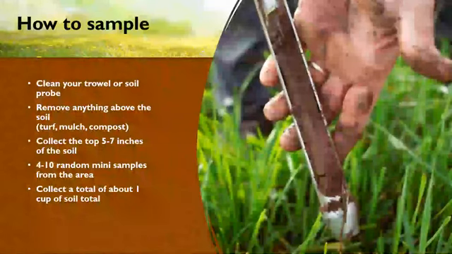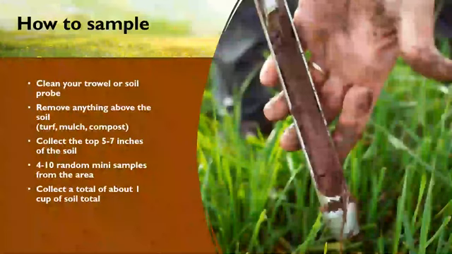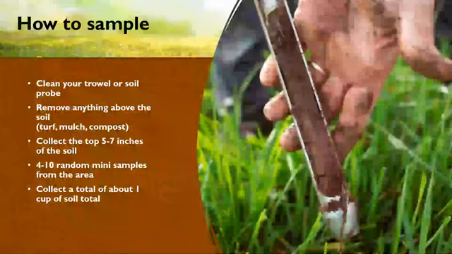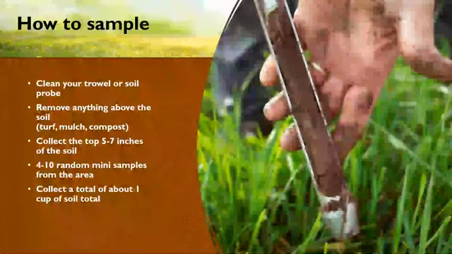You want to remove anything above the soil from your sample. So turf, mulch, thatch, bugs, compost. You definitely don't want to spread compost all over your grass and then take a soil sample, because that will skew your results. You just want to go to the area that you're going to sample. You're going to collect your samples from that top 5 to 7 inches. And then you want to do 4 to 10 random mini samples from that area.